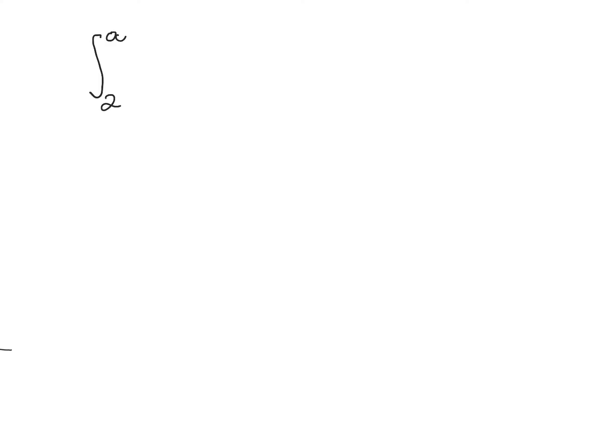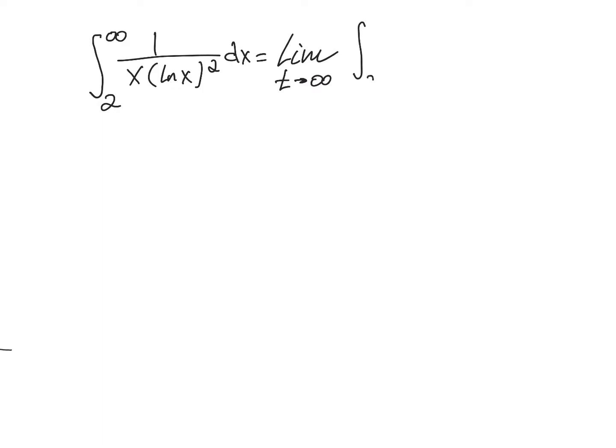Let's define this improper integral as a limit of proper integrals. So this is equal to the limit as t approaches infinity of the integral from 2 to t of 1 divided by x times natural log of x squared. And to evaluate such an integral, we want to use u substitution.